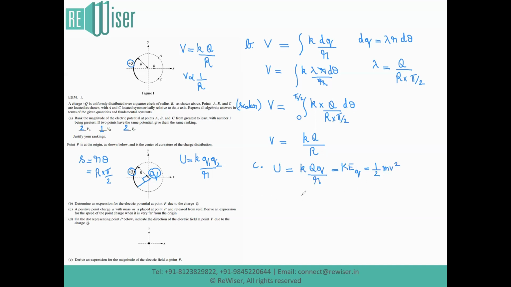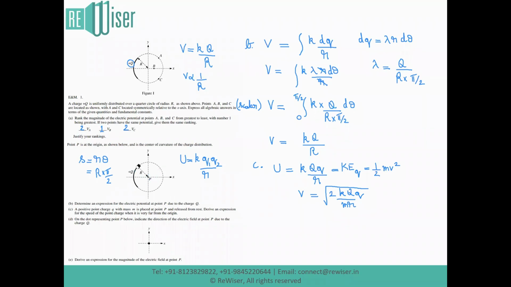Rewriting the formula in terms of v, we get v equals the square root of 2 K capital Q small q divided by m R. Moving on to part D. On the dot representing the point below, indicate the direction of electric field at point P due to charge Q. Now let us take a look at the question.